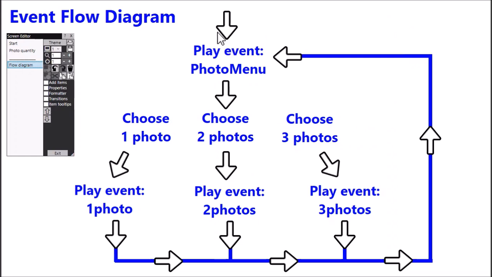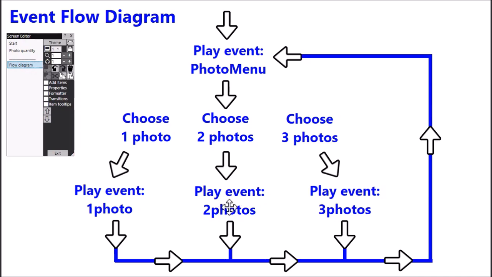So let's take a look at the event flow diagram. You will start by playing the event photo menu. The first user makes a choice of how many photos they want to take. Depending on their choice, RightBooth will then play one of the following three events. And in here, you take the photos, you apply the filters and the stamps, and you can print, and you can also QR code scan to get your layout.